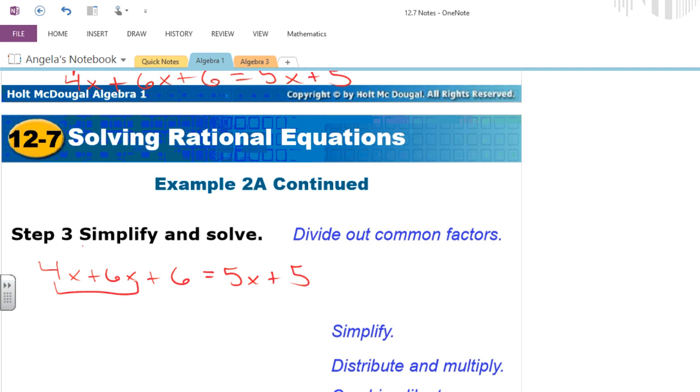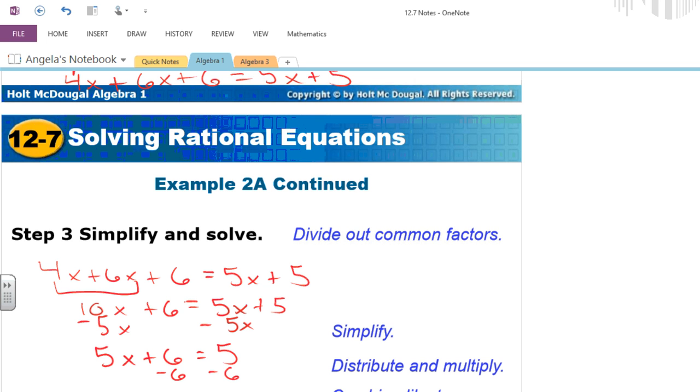I can combine like terms, so I get 10x plus 6 equals 5x plus 5. Move my 5x over. I get 5x plus 6 equals 5. Move my 6 over. And now I can just divide by 5. So my answer is negative 1/5.